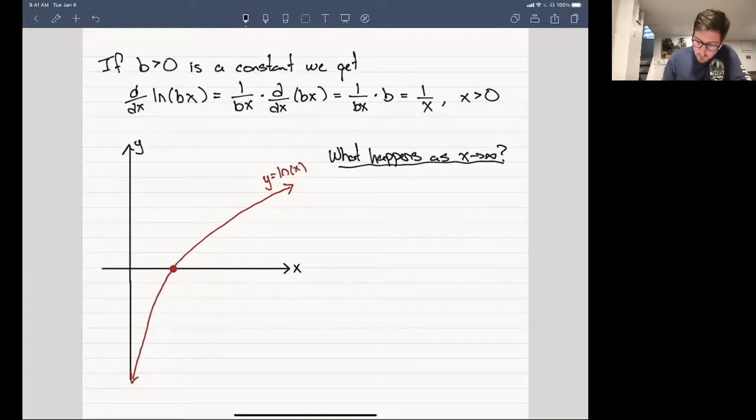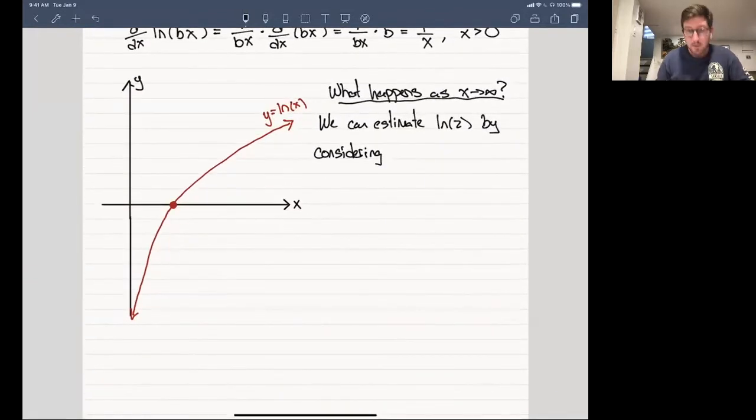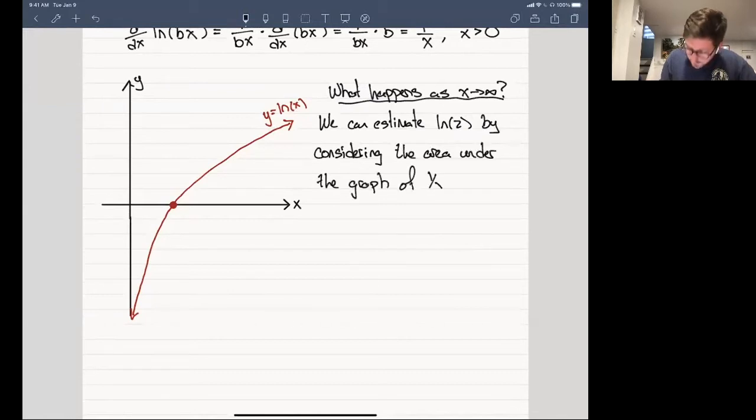So let's say we can estimate the value. So we can estimate ln of 2 by considering the area under the graph of 1 over x and above the interval 1 to 2, right?